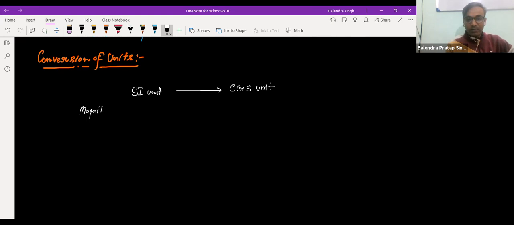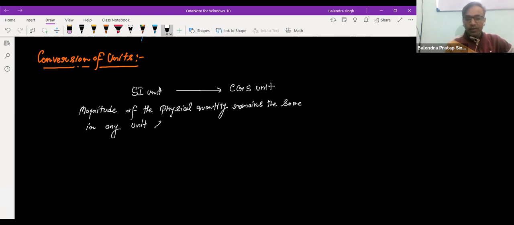The magnitude of the physical quantity remains the same in any unit system, either SI or CGS. The SI unit system has another name: MKS.